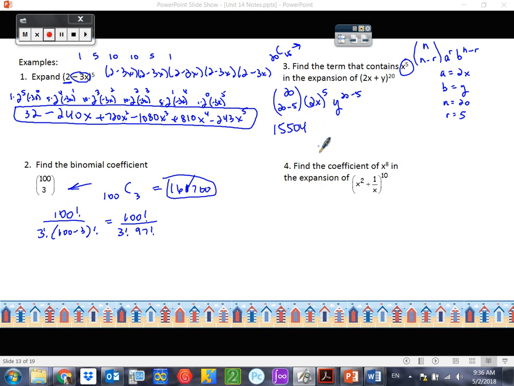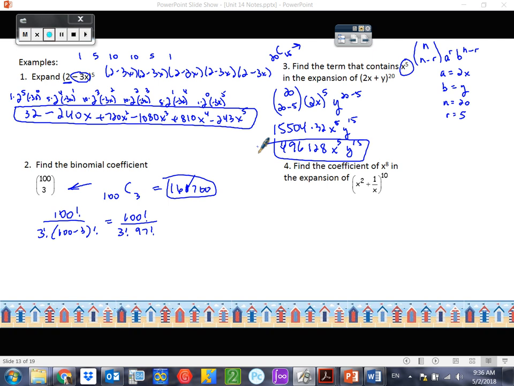And then we do 2 to the 5th, which is 32, x to the 5th, y to the 15th. Cleaning that up, multiplying 15,504 times 32, we get 496,128 x to the 5th y to the 15th.